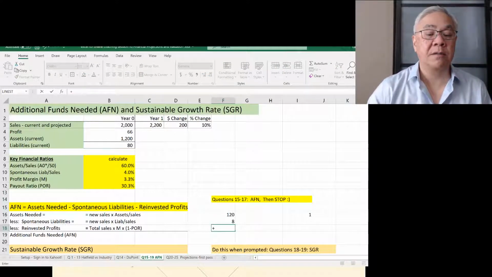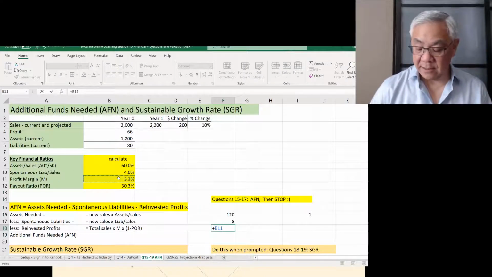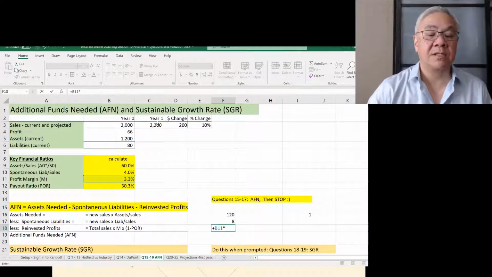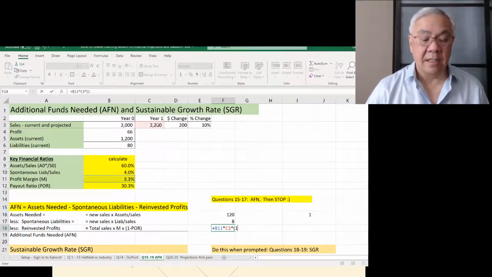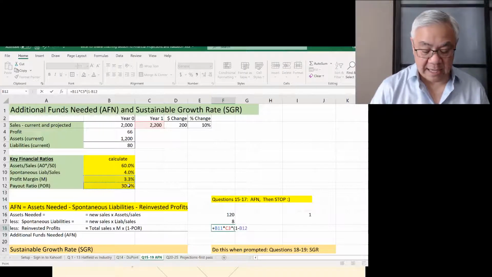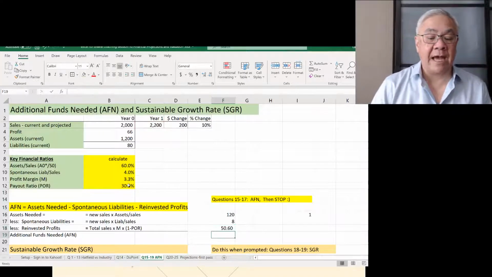So we're going to earn profit margin of 3.3% times the new sales. Now this is total sales of 2,200. And we're going to keep 1 minus the payout ratio. Remember I mentioned the retention is 1 minus that. And the result of that is we're going to earn and keep 50.60.